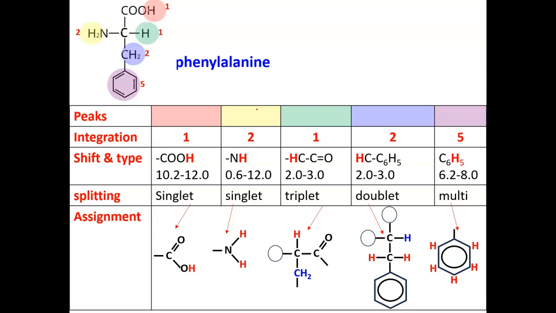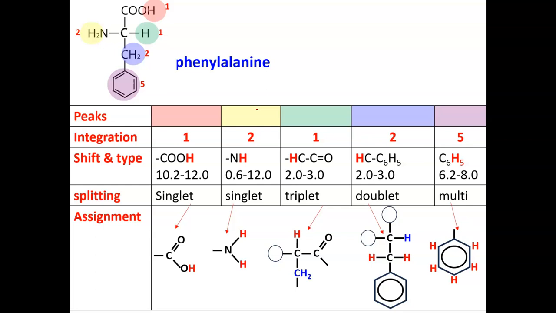The triplet is because the signal for that solitary H has 2 adjacent H's on the CH2 next to it. So that tells us the CH2 must be next to the C with the H and the carbonyl group.